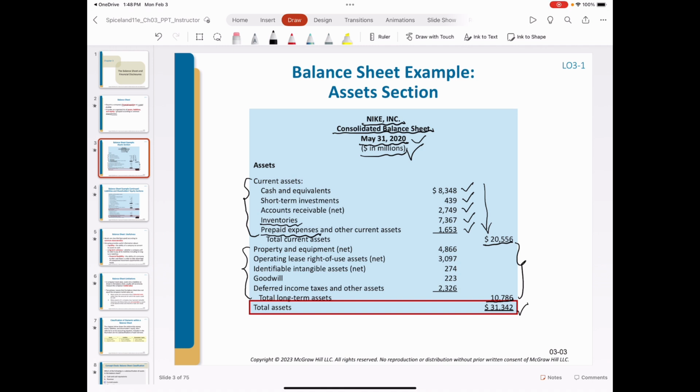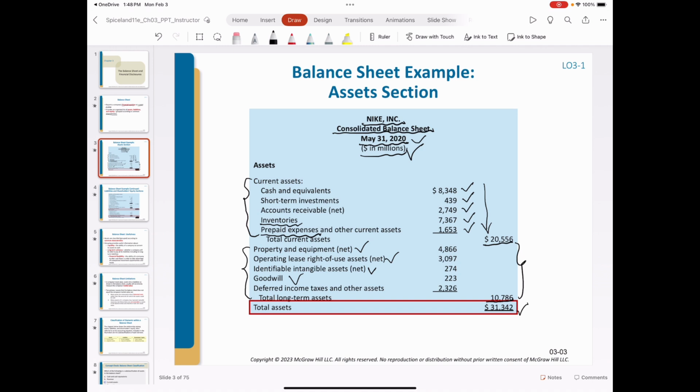Long-term assets include property, plant, and equipment at net book value, and operating lease right-of-use assets. These two are long-term or long-life operating assets. The first one is owned by the company, while the operating lease is a leased asset. The next two are intangible assets.